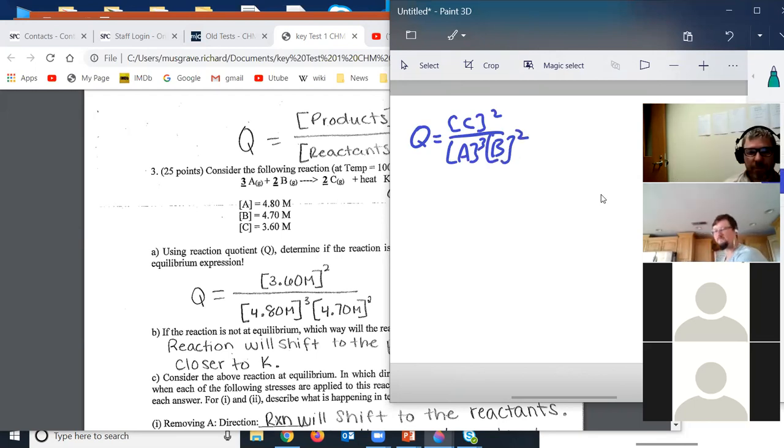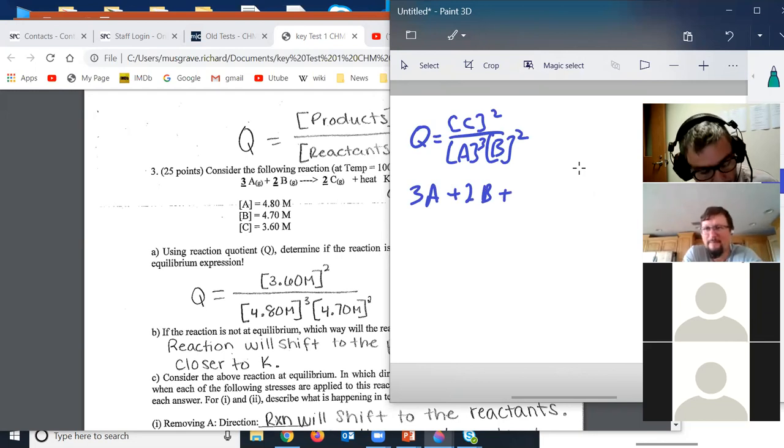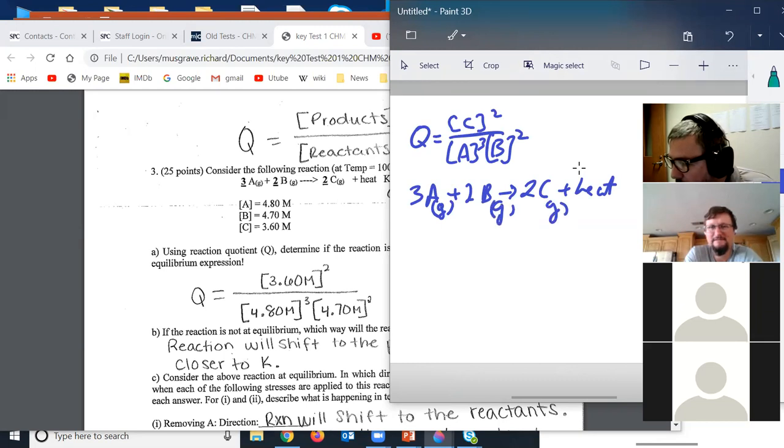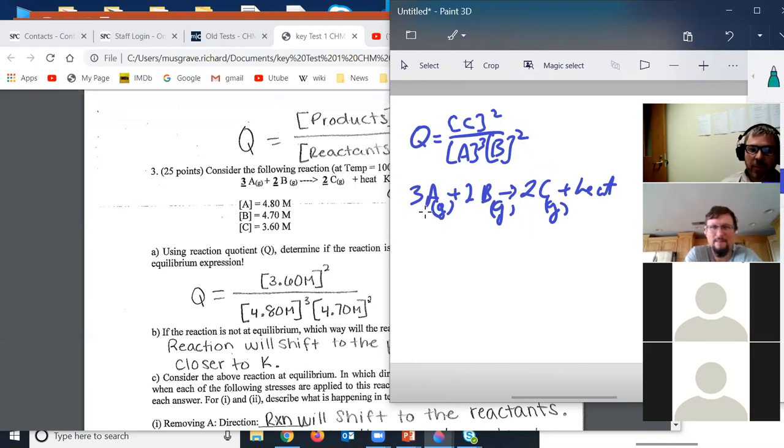All right, there's our Q. There's our reaction, and they're all in the gas phase. So we're removing A. Now, from an intuitive point of view, what we know is that if we remove A, the reaction is going to want to create more A to replace the A that we removed. That means it's going to shift towards the reactant side.